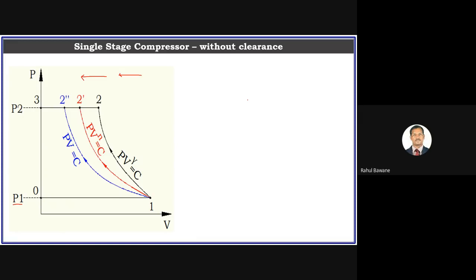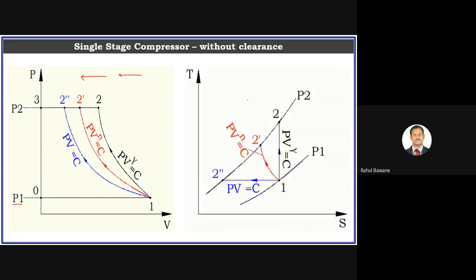Now, if I try to draw it on a TS diagram, temperature versus entropy, for the adiabatic process there is no change in entropy. So we are compressing air from the P1 pressure line to the P2 pressure line. The intake condition is 1. When we compress this adiabatically or isentropically, there will be no entropy change, constant entropy.